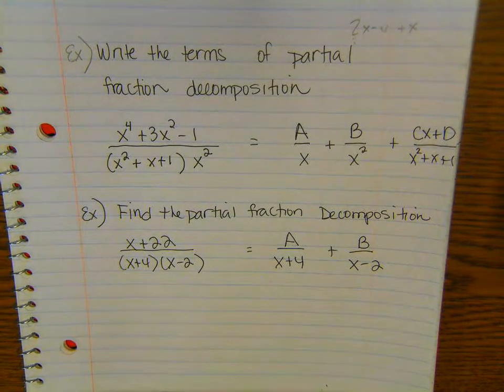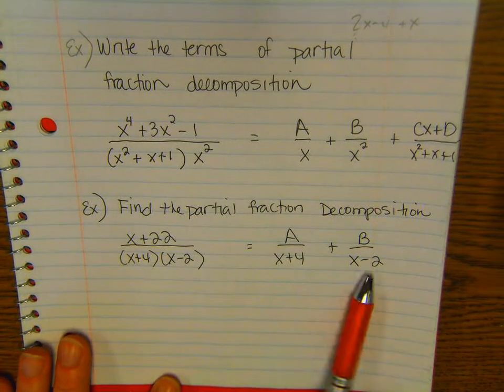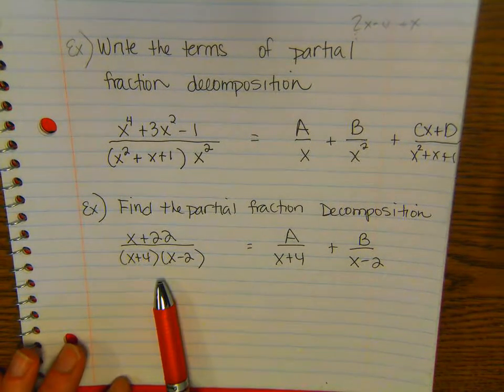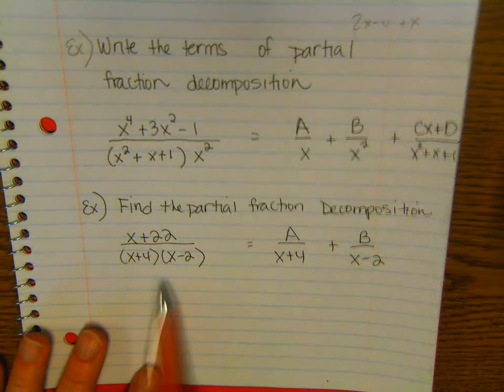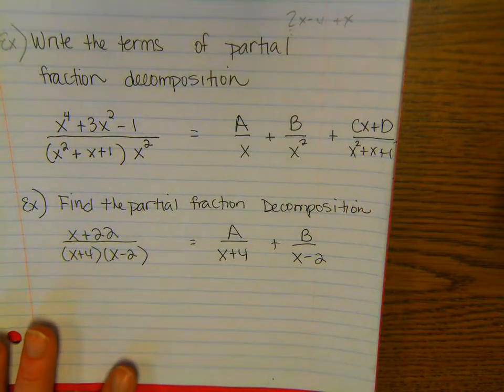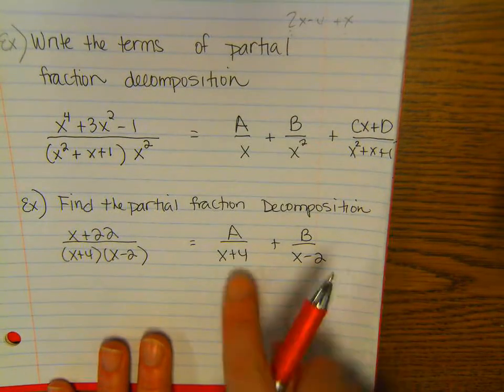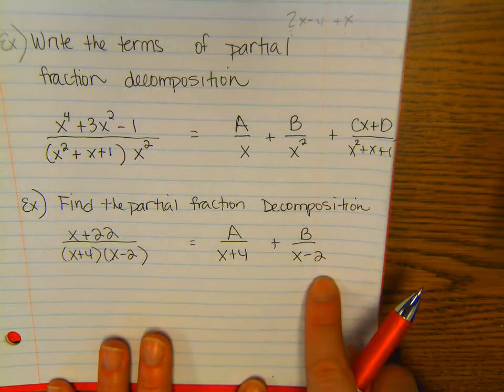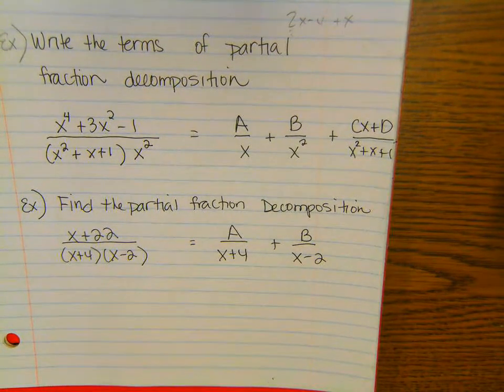Okay, so once we do that, what we try to do then is figure out some kind of an equation, and this is where we're going to use a matrix if we need to solve it. So I know that these two fractions add up to this. So I'm going to try to write an equation with A and B, the same way we did in the opener. If I were to put A over x plus 4 plus B over x minus 2 together, what would I need to do? Okay.